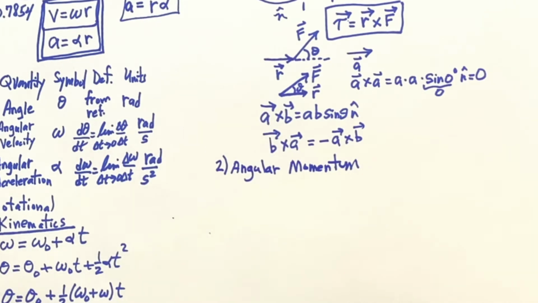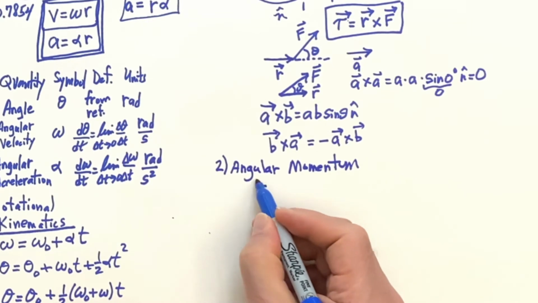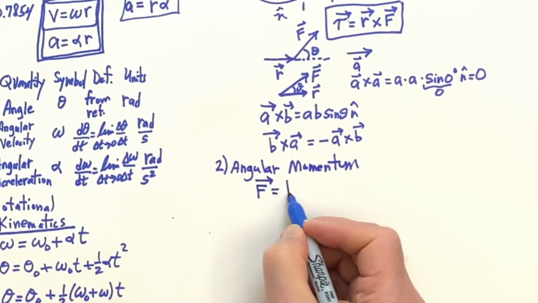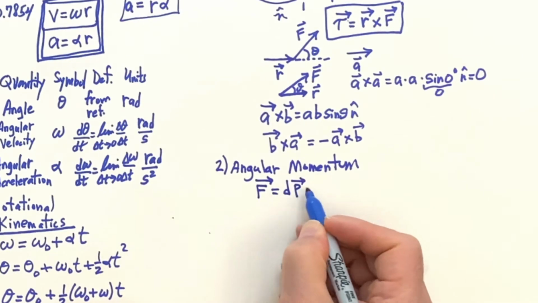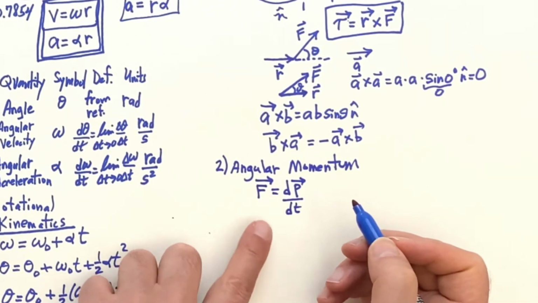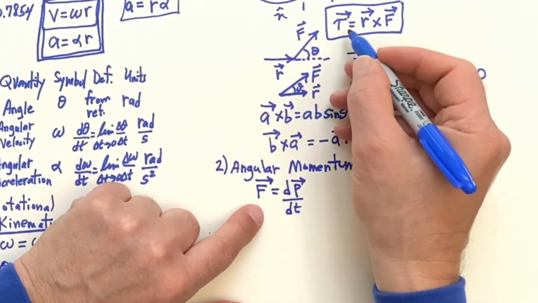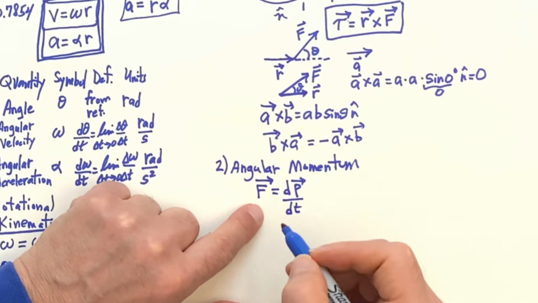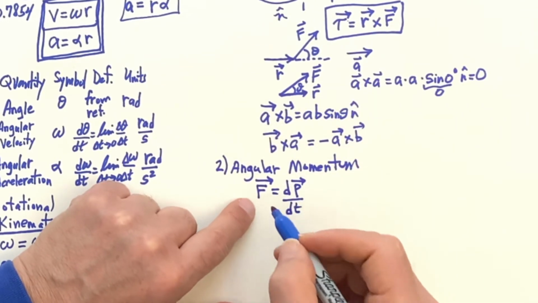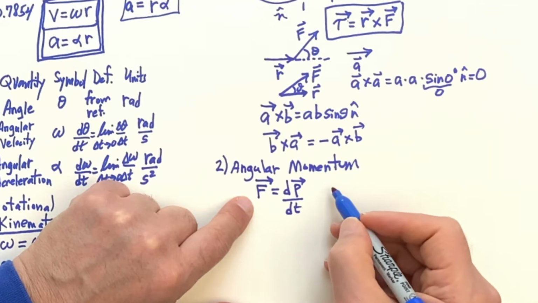Now, here, we're going to start to get into physics and dynamics, because the force, Newton's second law, is dP/dt, its derivative. And if we look at what the torque is here by our definition, we're going to calculate it using the law of physics to bring the physics into the definition.